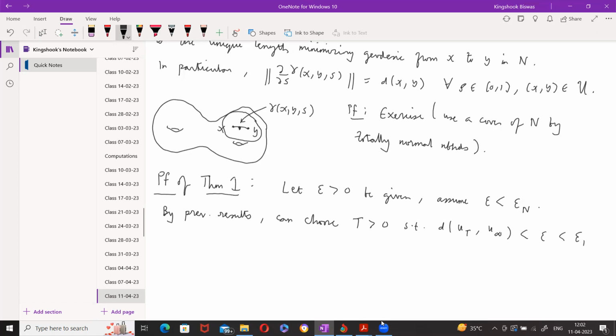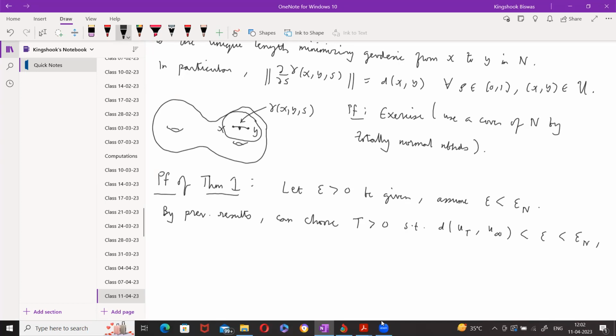Which is less than epsilon n. Okay. So is this clear? We can choose such a map, one of these maps u_t, right? Yes, because we have a sequence converging to u infinity. Fine. So we can choose one such map.